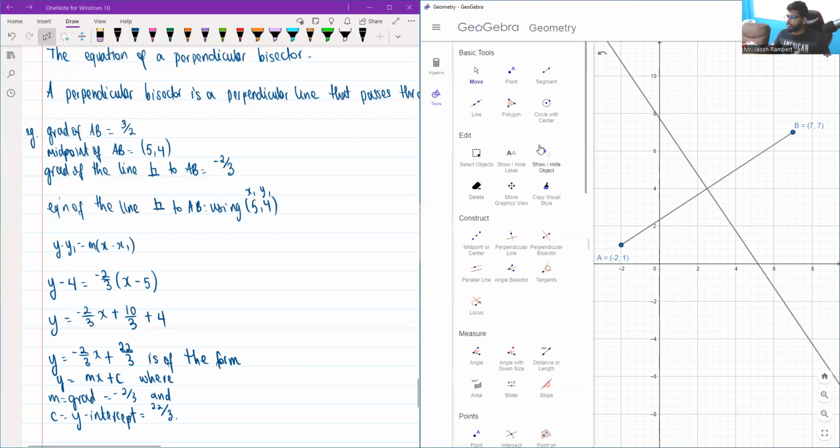Alright, I'll just give you some guidance in the meantime. Make sure you're on the correct track. The gradient of AB is looking like 2/3. The perpendicular gradient will be -3/2.